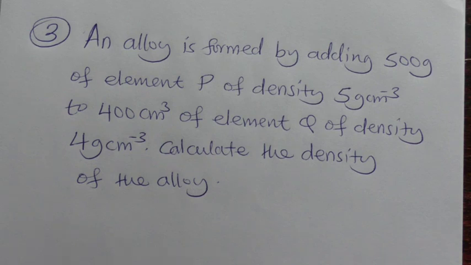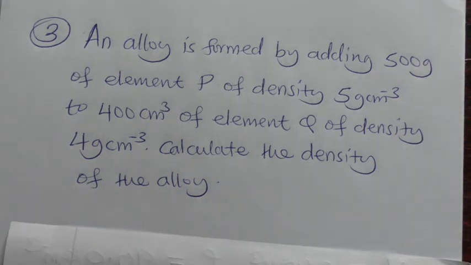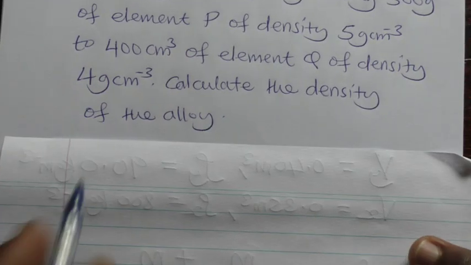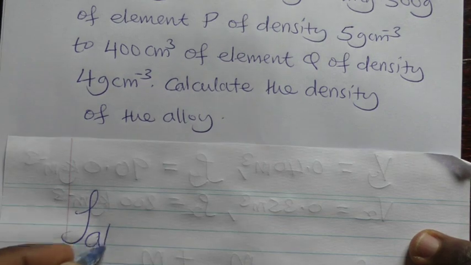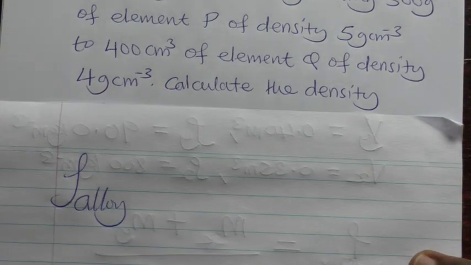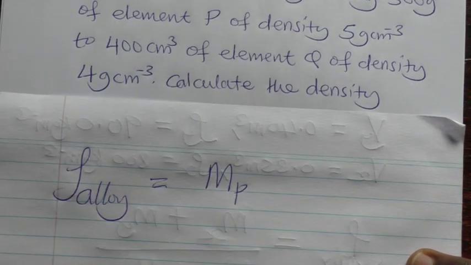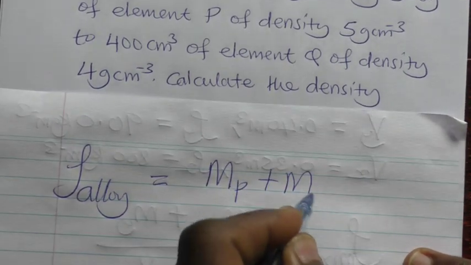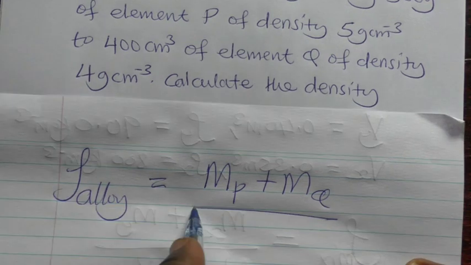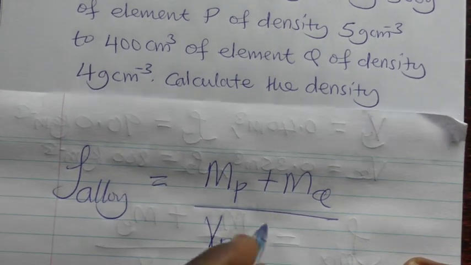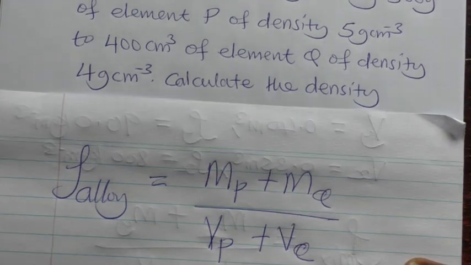They want us to calculate the density of the alloy. Don't forget that the density of the alloy, which is a mixture, is given by the mass of element P plus mass of element Q over the volume of P plus volume of Q.